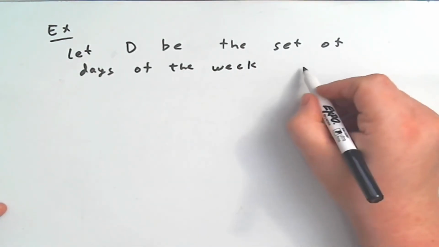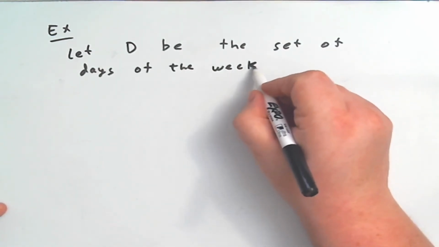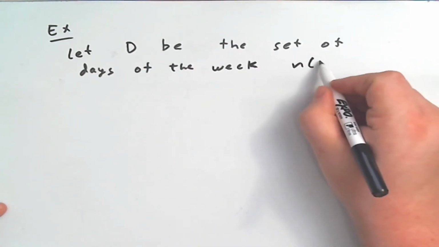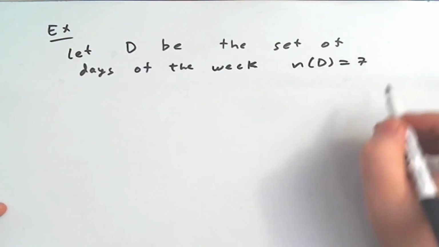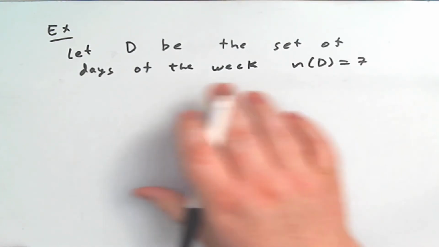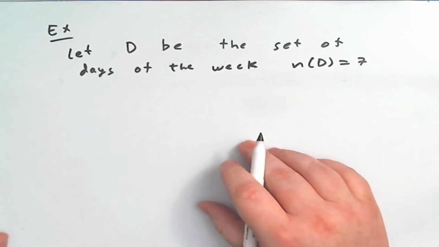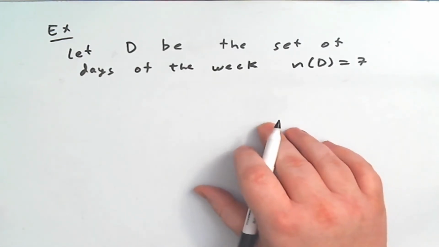So then the cardinality, so for the course of these videos, we'll be using the N notation, so N of D. So the cardinality of D is, of course, 7. There are 7 days of the week, so there are 7 elements in this set that is the days of the week. Okay, so that's fairly straightforward.